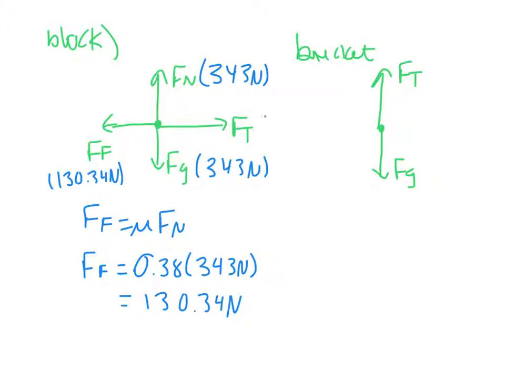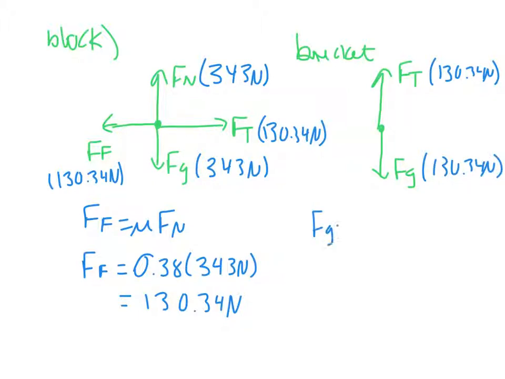Again, because it's not accelerating, this is also 130.34 newtons, which means that because the tensions are equal in the pulley system, this is 130.34 newtons, and my weight is 130.34 newtons.